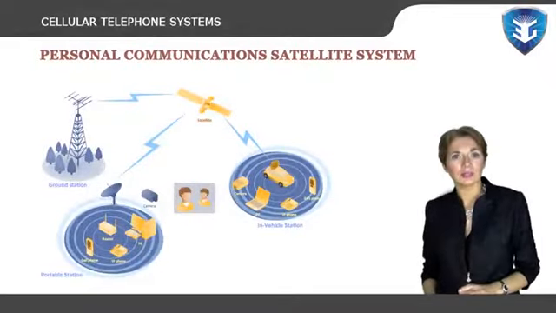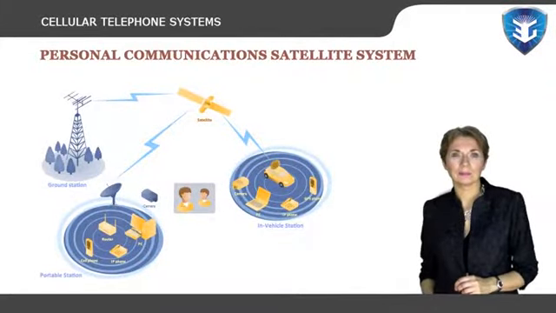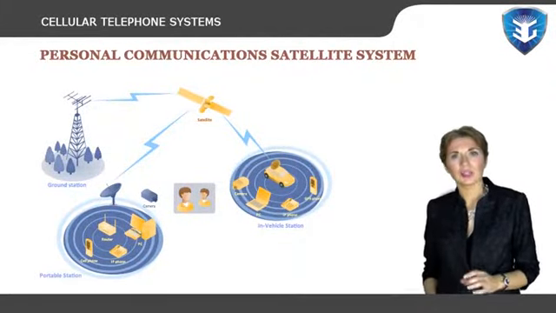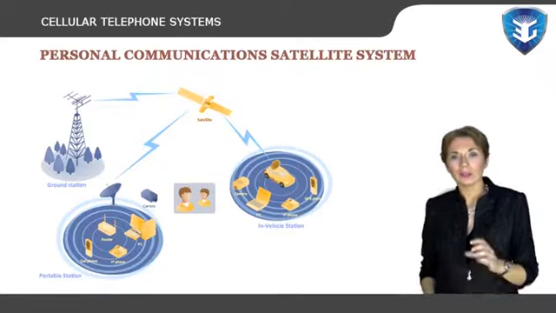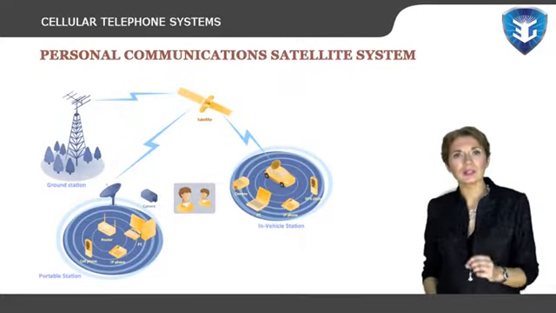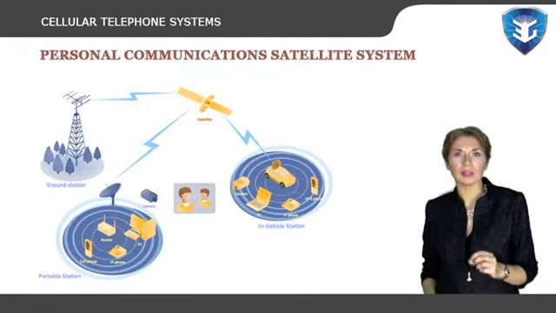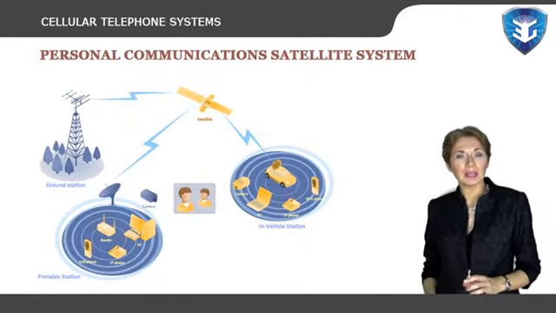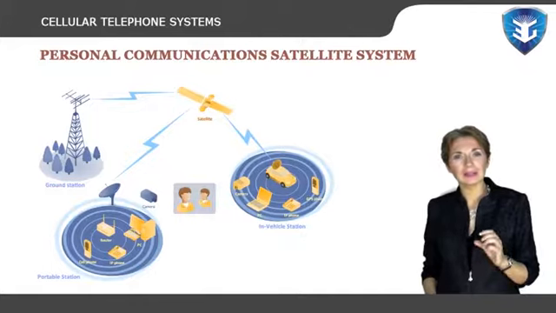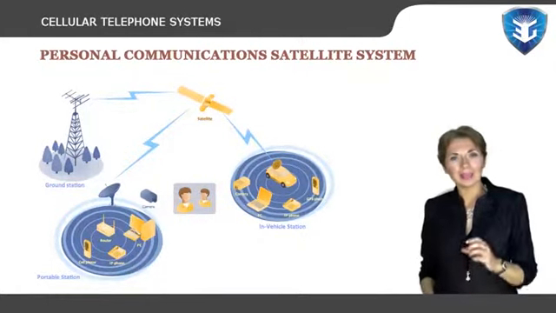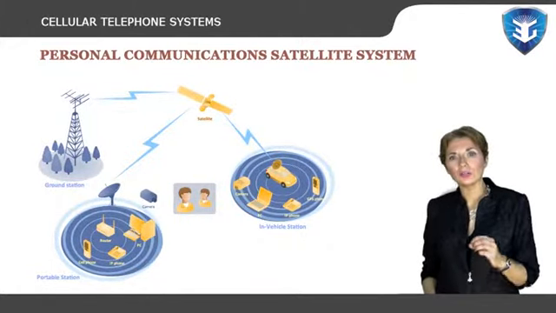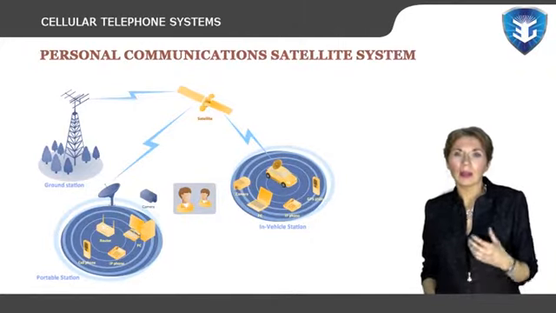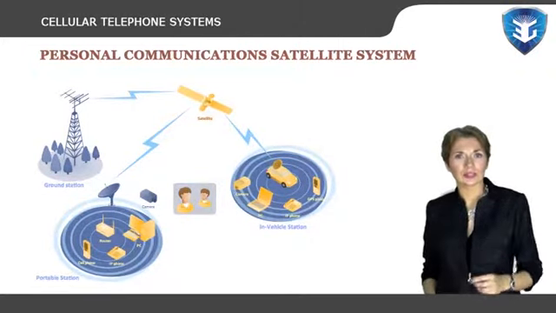Let's now take a look at the Personal Communications Satellite System. Satellite communication has two main components: the ground segment, which consists of fixed or mobile transmission, reception, and ancillary equipment, and the space segment, which primarily is the satellite itself. A typical satellite link involves the transmission or uplinking of a signal from an Earth station to a satellite.